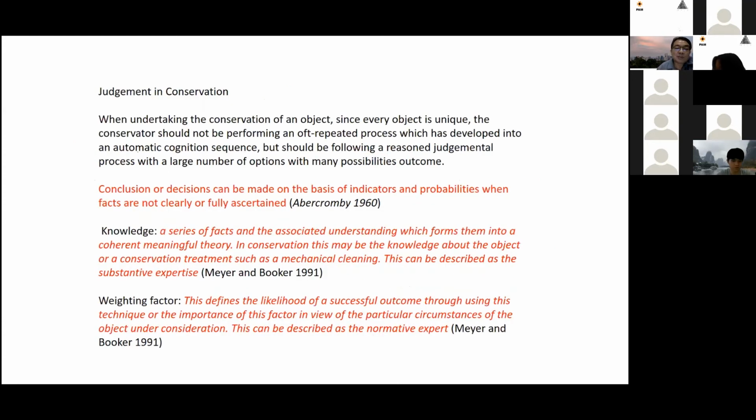So then, what about judgment in conservation? When undertaking a conservation project, since every object is unique, the conservator should not be performing an oft-repeated process that has developed into an automatic cognition sequence. Again, that refers back to perception, which I started off telling you.